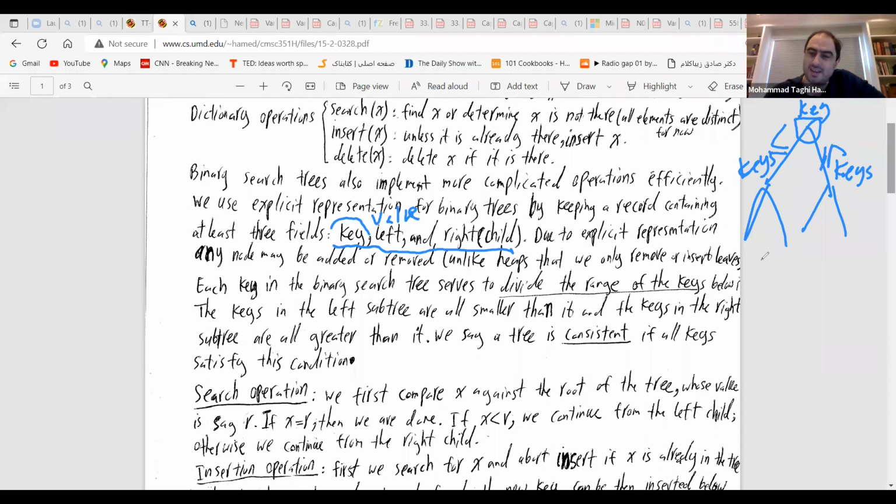So all keys here are less than this key, and all keys here are greater than this key. This is the main property of binary search trees. So this is the left child, and this is the right child. All things in the left, not only the left child but all of these descendants, are less than or equal to the key here, and all descendants on the right are greater than or equal to the key here.